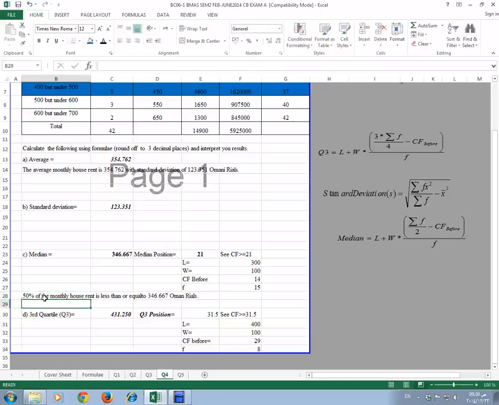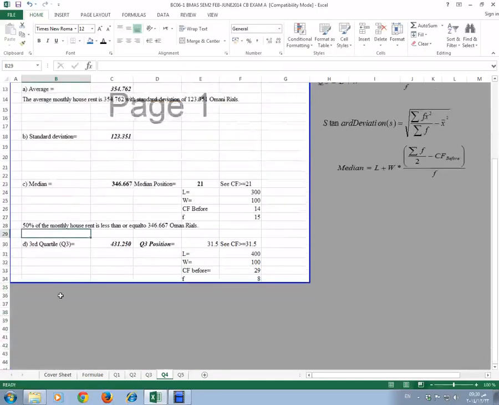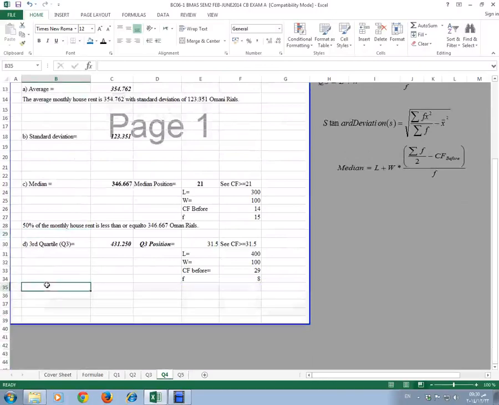Okay, the next and last one is to comment on the third quartile. So for the third quartile we say 75%.